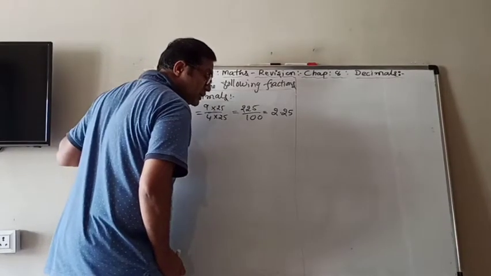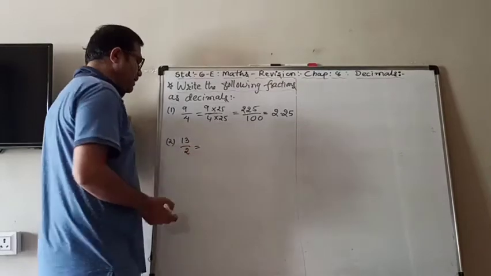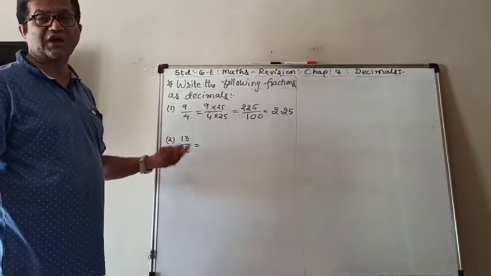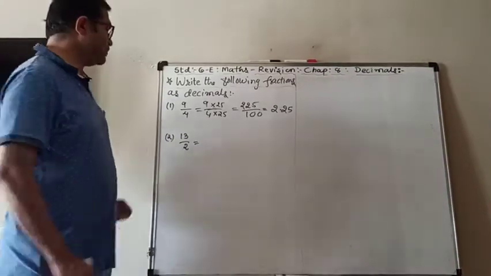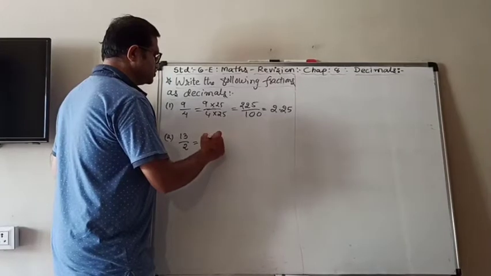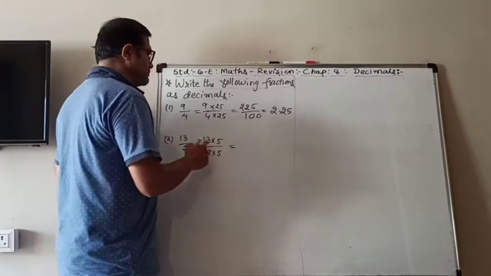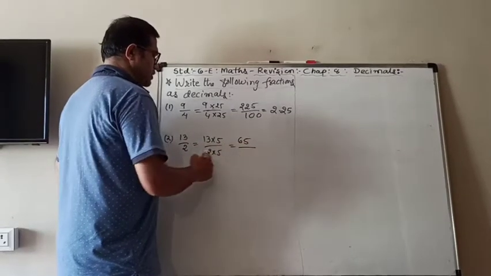Second one, 13 upon 2. Now the multiple of 2 is 10. 2 5s are 10. So here we will multiply numerator and denominator by 5. So 13 multiplied by 5, 2 multiplied by 5. 13 5s are 65 upon 10.